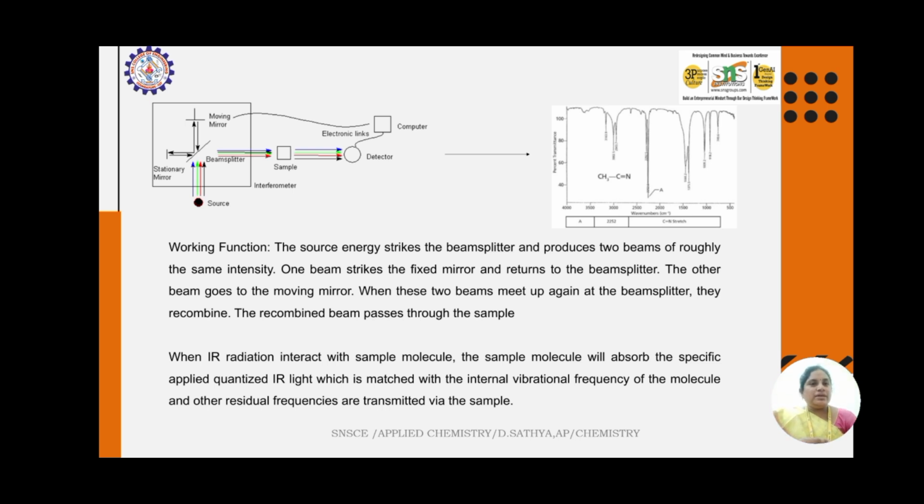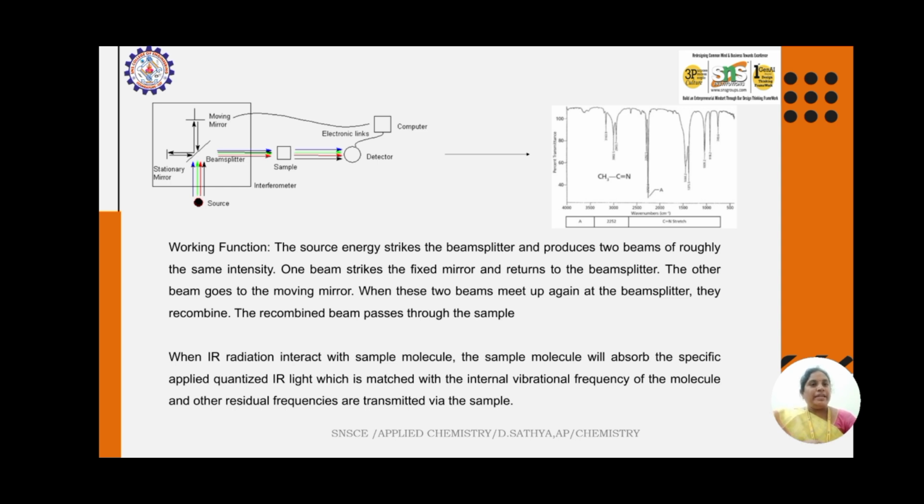In working, the source of energy strikes the beam splitter, which produces two beams of roughly the same intensity. One beam strikes the fixed mirror and returns to the beam splitter. The other beam goes to the moving mirror. When these two beams meet again at the beam splitter, they recombine.